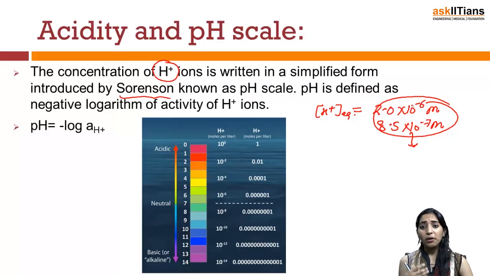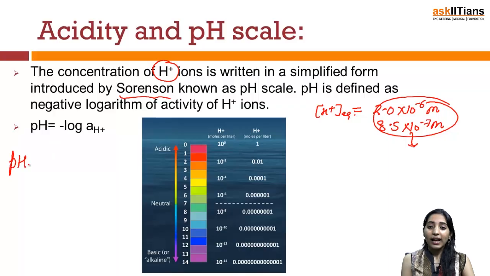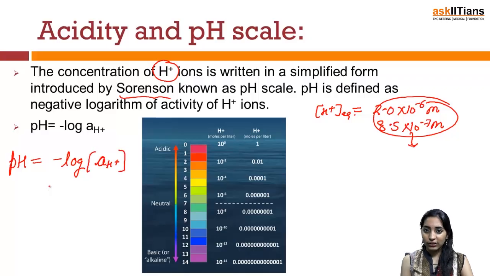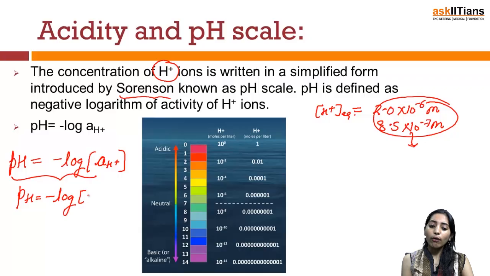To make the quantitative study easier, a term was defined as the pH, which is the minus of the logarithm of the activity of H positive in the solution. For any dilute solution, pH is defined as the negative logarithm of the concentration of H positive ion.